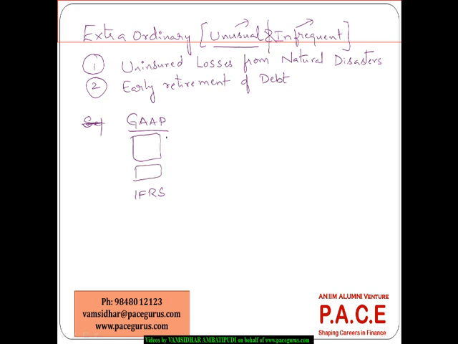Just like a discontinued operation, I will treat the extraordinary items separately, net of tax, just like the way I have handled the discontinued operations, after the income from the continuing operations.